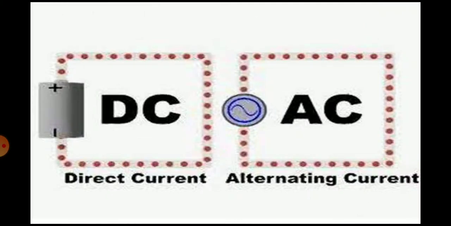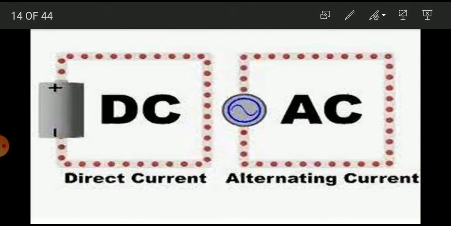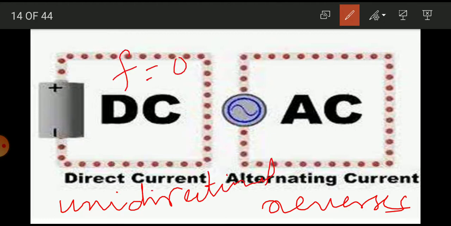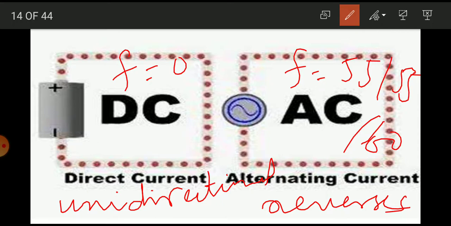Now AC and DC. AC reverses the direction, while DC is unidirectional current. The frequency of DC is 0. The frequency of AC is 50 to 60 hertz, that you use in your homes.